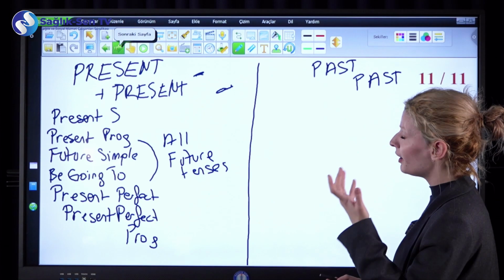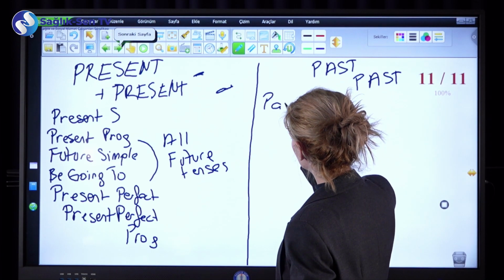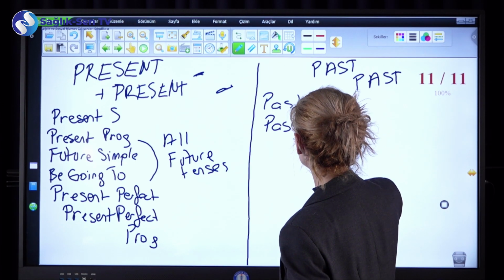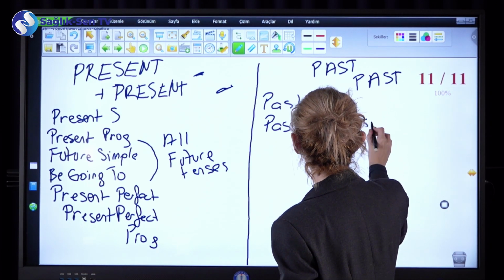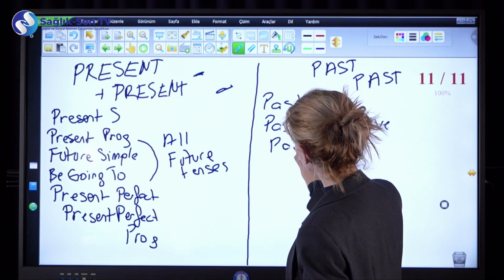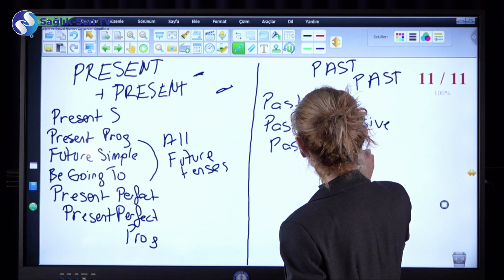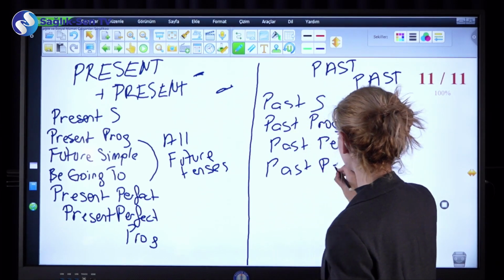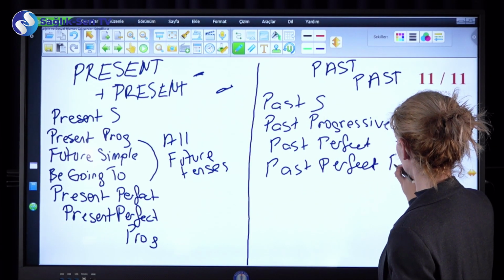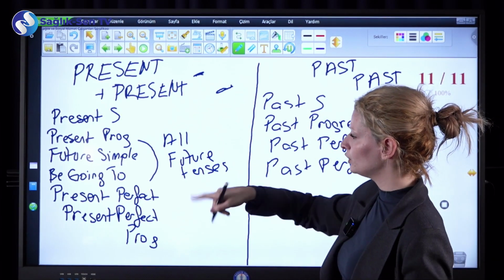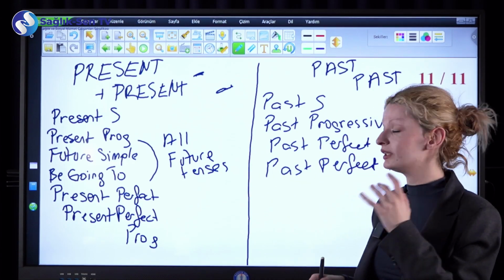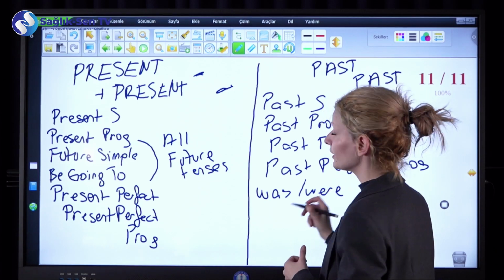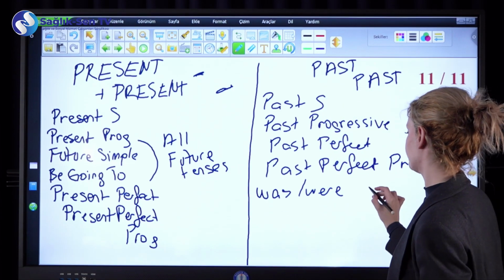And what are the past tenses? Past simple, past progressive, past perfect, past perfect progressive. By the way, you can have be going to, but we use it as was or were going to, which we call future of the past.